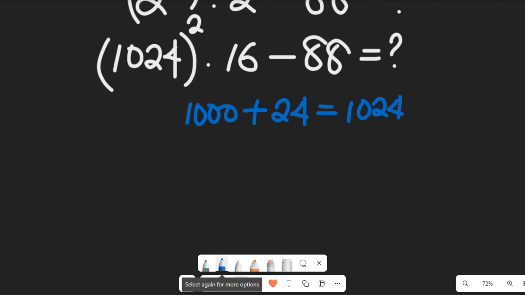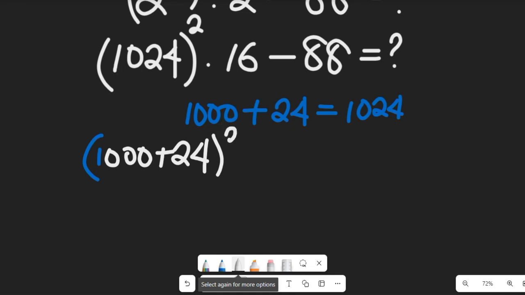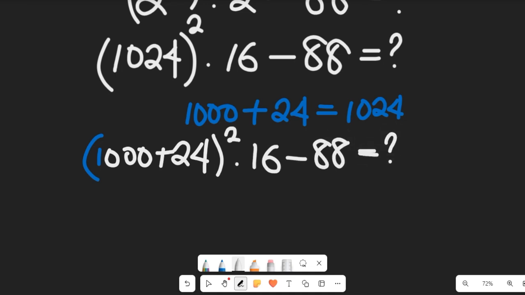So I'll expand that to give me (1000 plus 24) all squared, multiplied by 16, minus 88, and this will be equal to what?